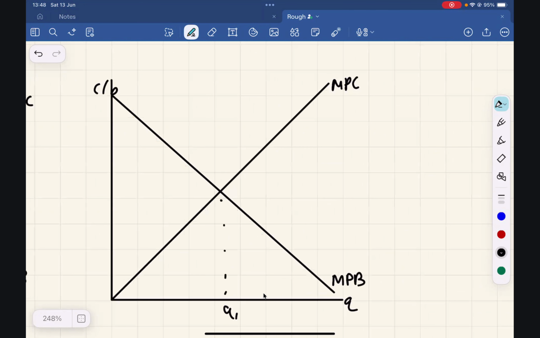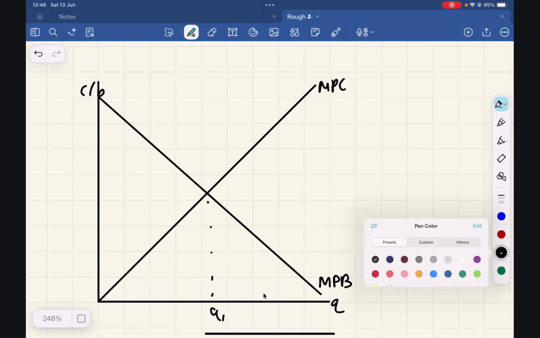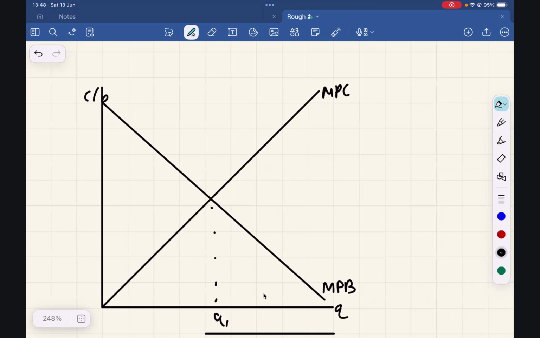Okay, moving on to the next one, we'll do positive consumption externalities. And an example of that would be a bicycle. People enjoy riding bicycles. It's quite fun, especially younger people.